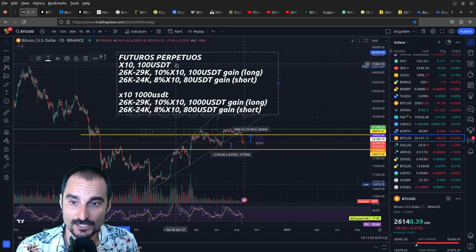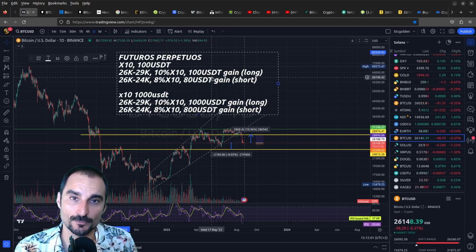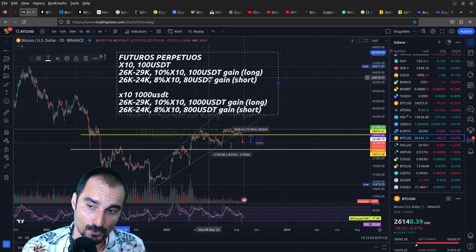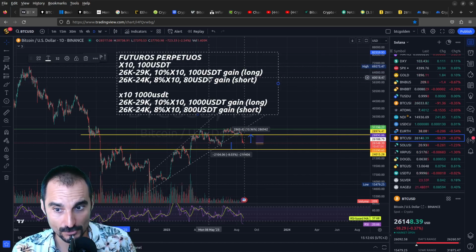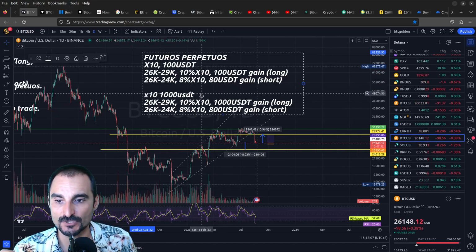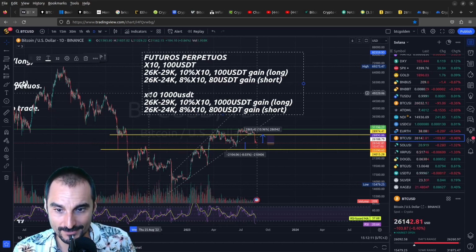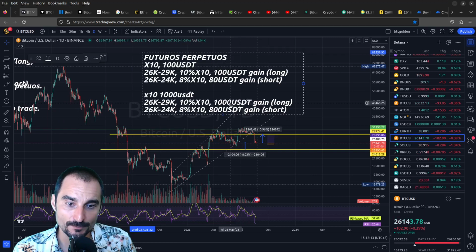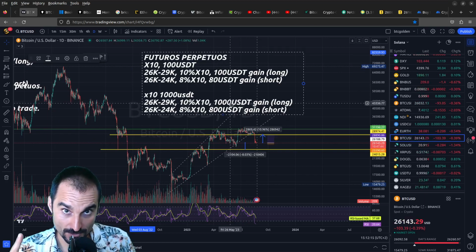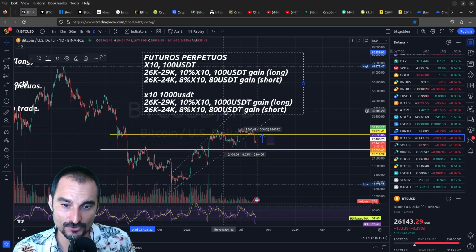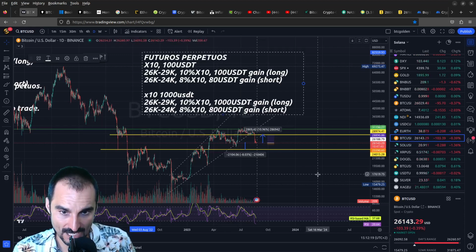In other words, here we see that with $100 we would earn the same as with $1,000 in spot. If we put the $1,000 that we had for spot in perpetual futures at 10x, we would make $1,000 if the price went up, and we would make $800 if the price went down.